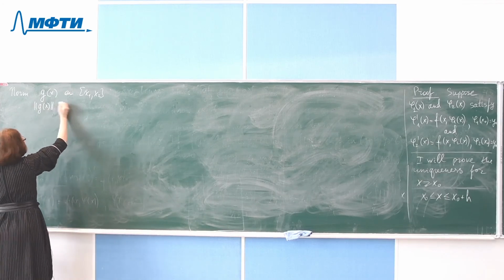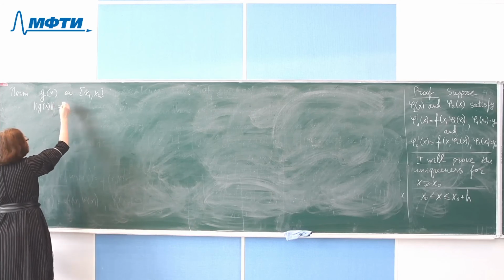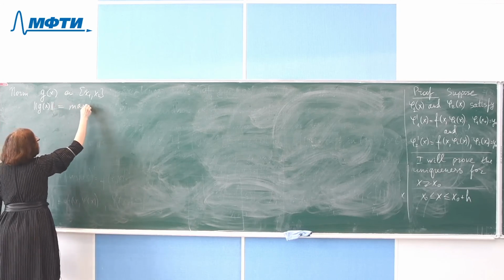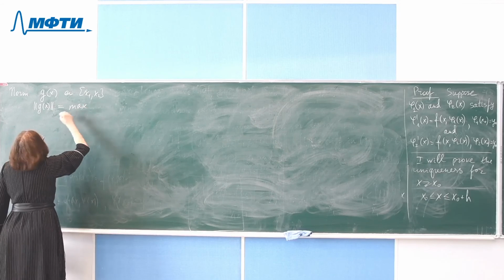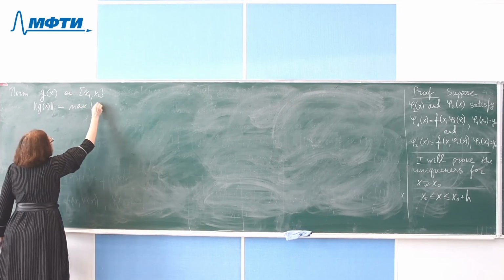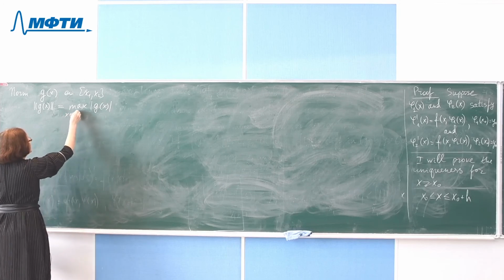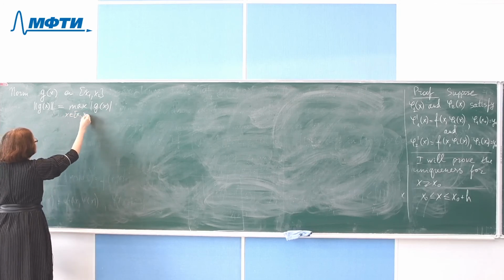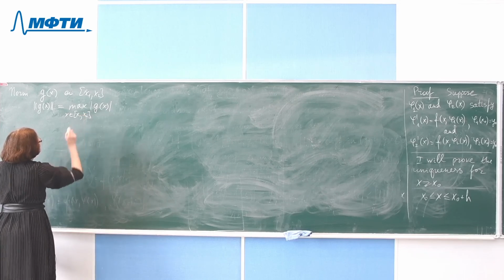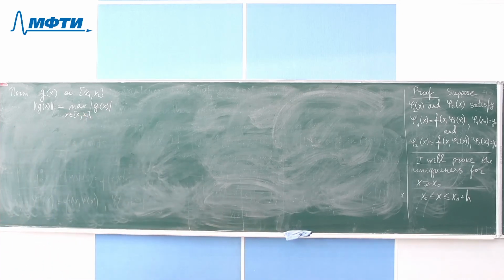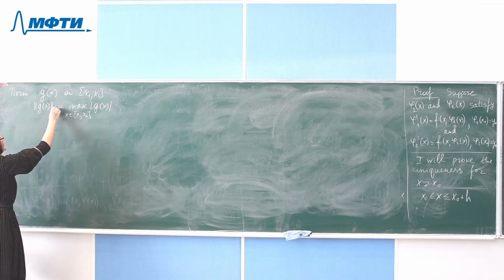So it's the maximum of the absolute value of g of x when x belongs to x1, x2. So this is the definition of the norm.